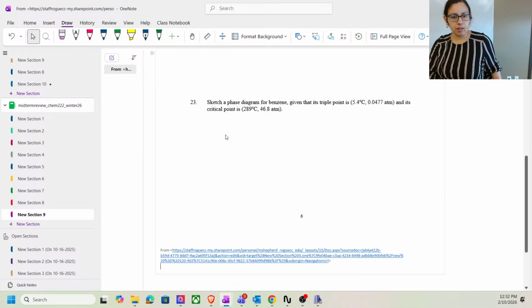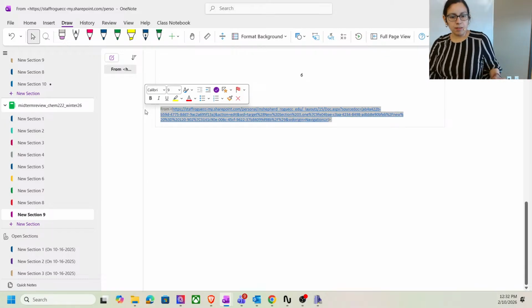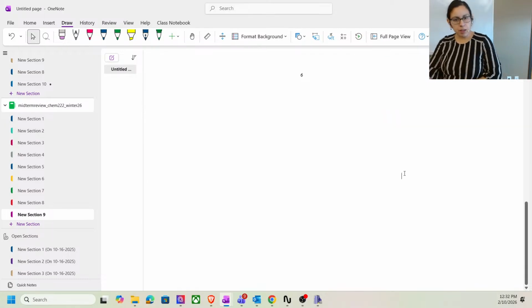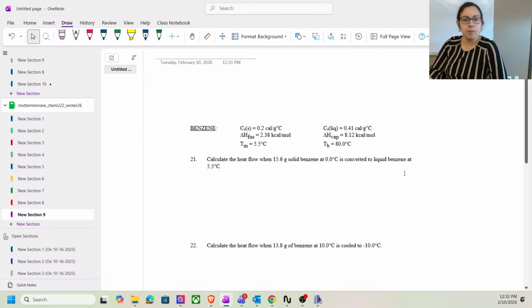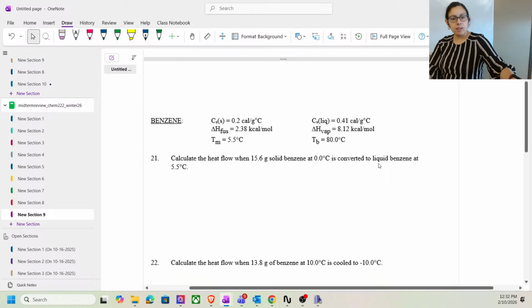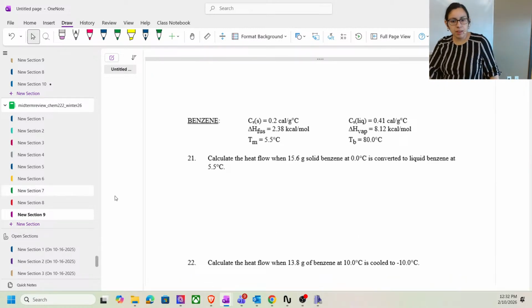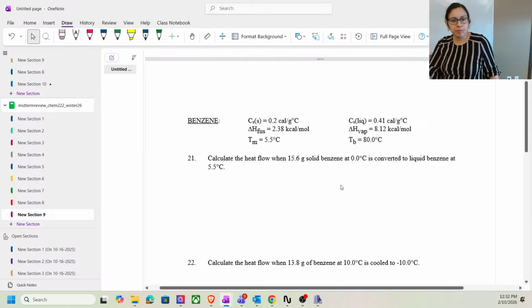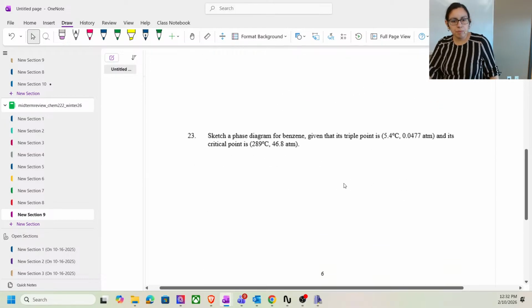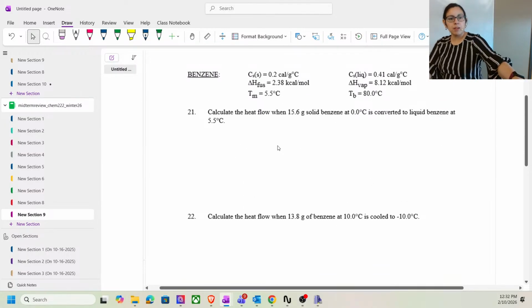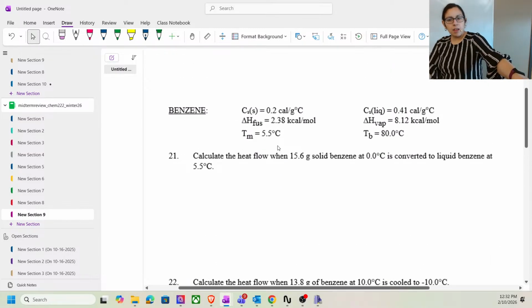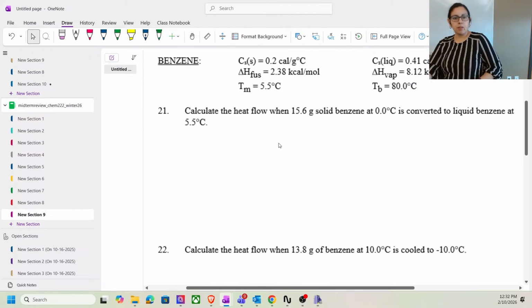Yes, that actually copied. Okay, so like I said, I'm probably going to be mean and give you not water on the exam. And so this is benzene. I guess we could just do the first one here. Trying to zoom in for y'all.